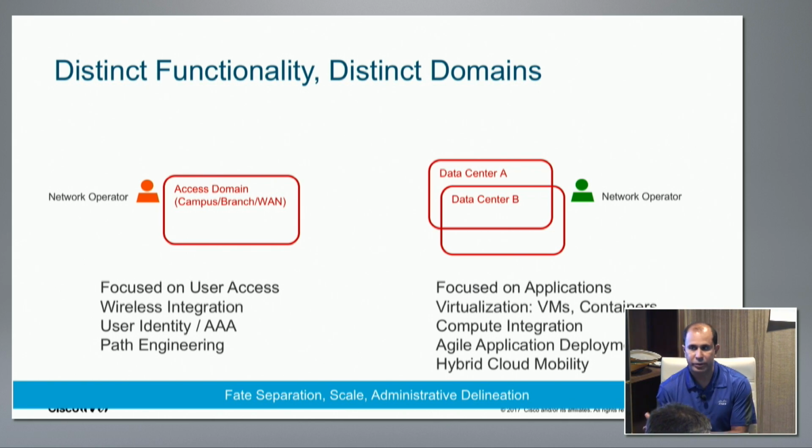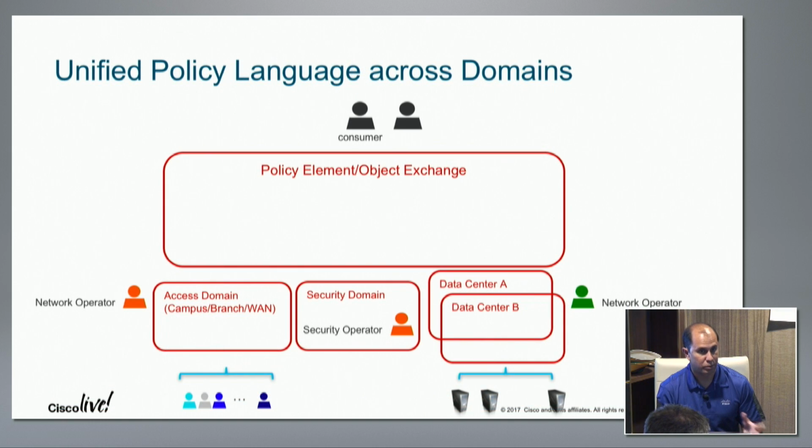The concerns in the data center are much different, even though it's a switched network, and you could see some commonalities between that and what we do in a campus and in an access network. It's a totally different ballgame. You're looking at virtual machines, you're looking at interacting with hypervisor engines and so forth. So different tasks, basically different controllers. So what we're looking at is not the creation of an Uber controller. What we're looking at is basically maintaining these control domains.